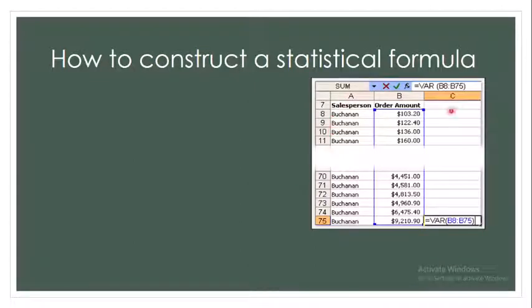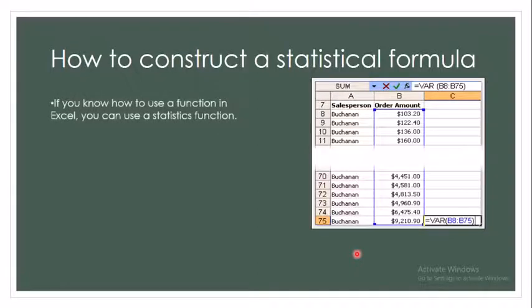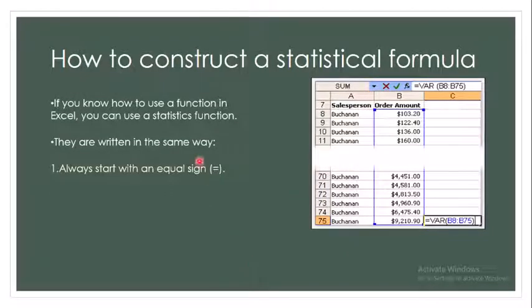Now here I have given a picture of the Excel sheet where there is a lot of data, and I have given a formula over here. If you read the formula, it is equal to variance. In the parentheses you have your cells selected. As with any other formula, you can construct the statistical formula by using an equal to sign, the function name, and then you can put the arguments in the parentheses.